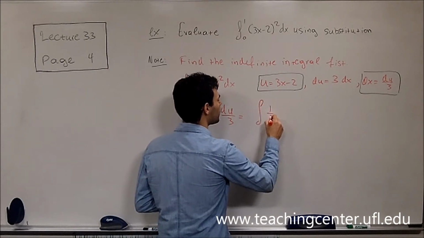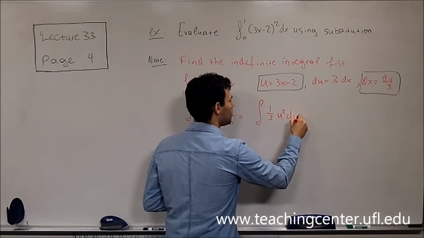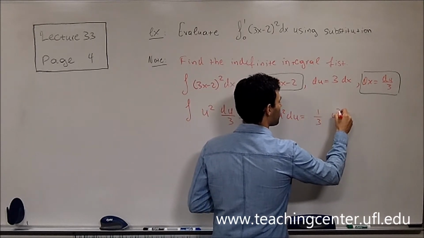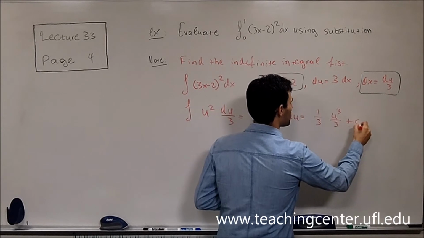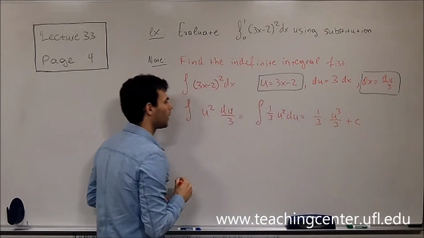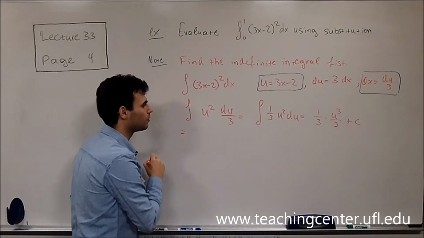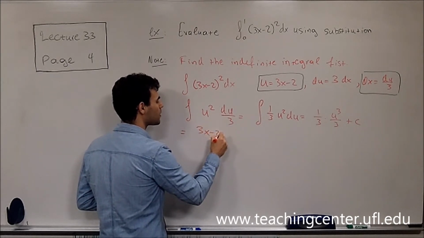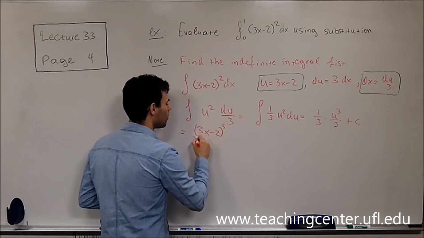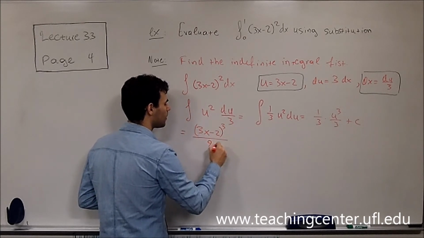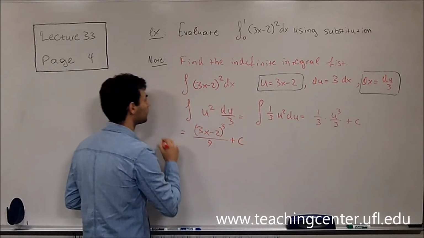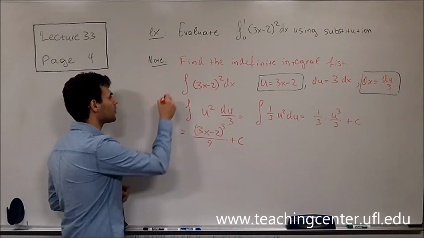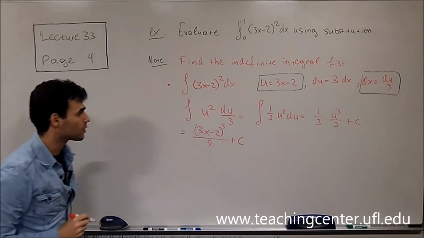It's 1/3 times the integral of u squared du, and of course this gives you 1/3 times u to the third over 3 plus c. And of course I want to change back into x. So this is (3x minus 2) to the third over 9 plus c. Okay, so that was the indefinite integral calculation using the u substitution.